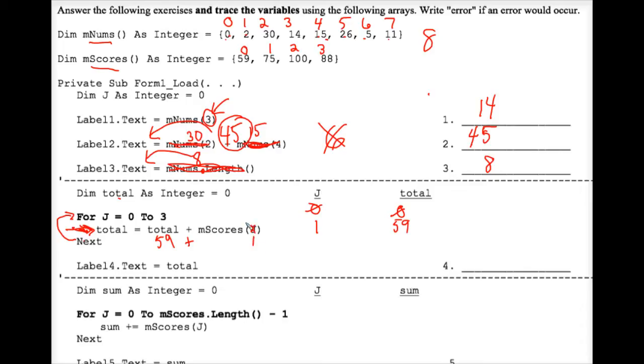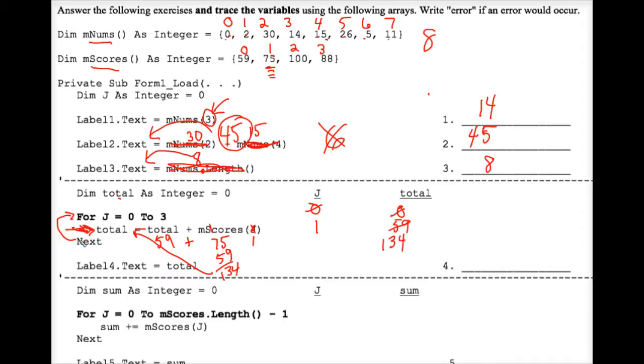So what is m scores parentheses 1? Well, here's m scores, and here is the number that's in position 1, 75. So we ask, what is 59 plus 75? And if you can't do that in your head, just add it up. There's no shame in that. 134. And that 134 plugs into total, overwriting the 59 that was there.